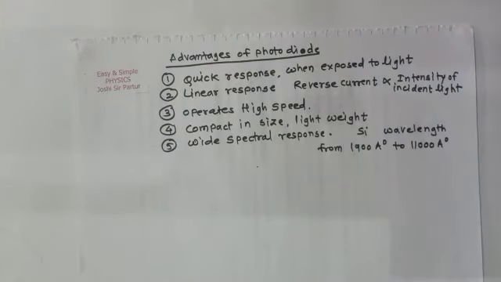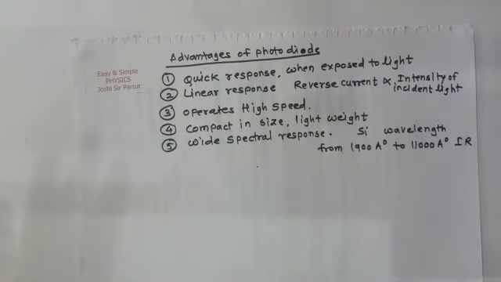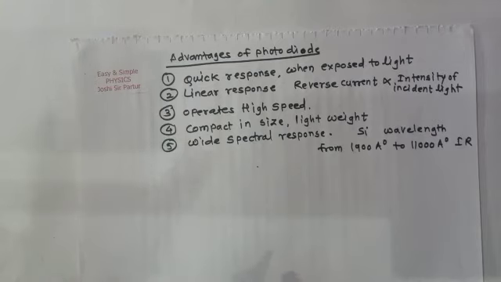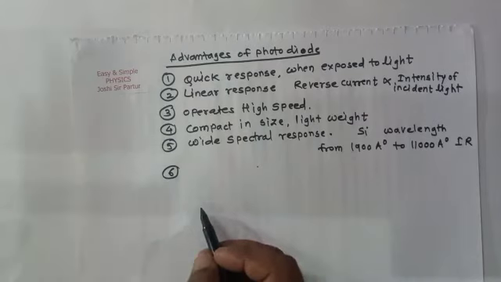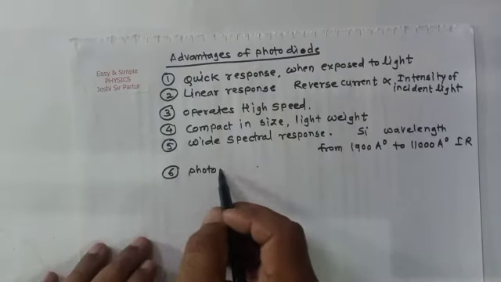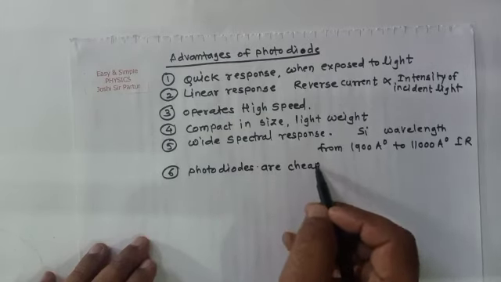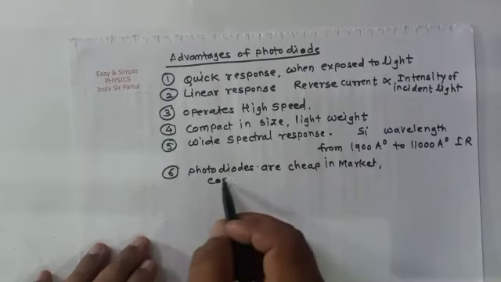The range covers the infrared IR region and also the visible region. And photodiodes are very cheap in the market. Their cost is very low.